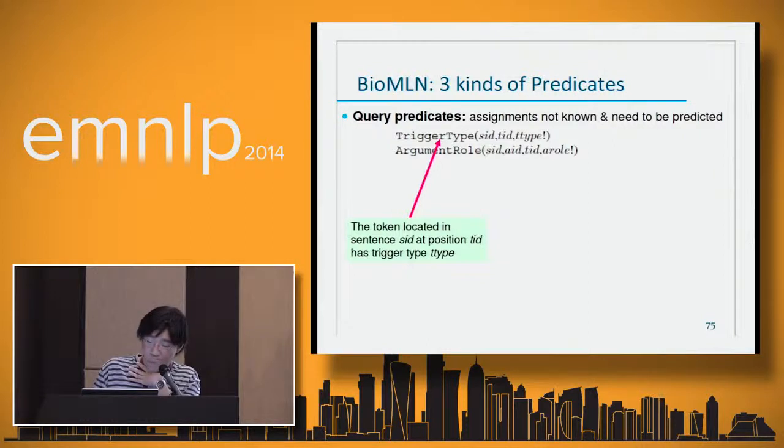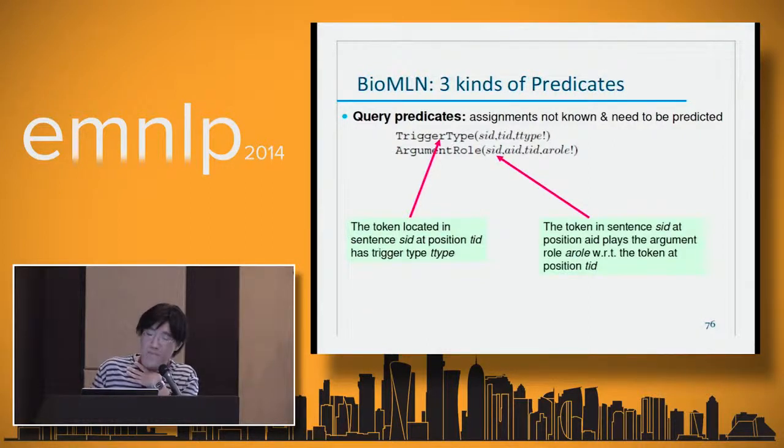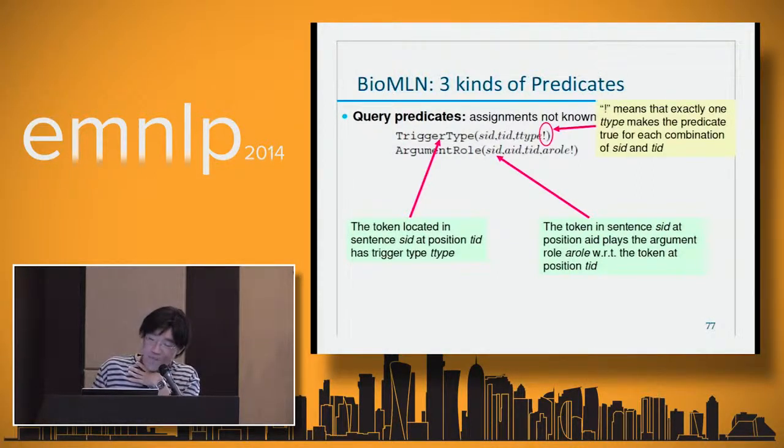Whereas argument role is a predicate that encodes whether the token in sentence SID at position AID plays the argument role A-role with respect to the token at position TID. And this exclamation mark here means that exactly one of the trigger types makes the predicate true for each combination of sentence ID and position ID, and that's reasonable because each trigger cannot possibly have more than one trigger type.